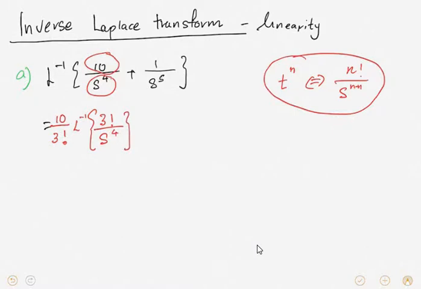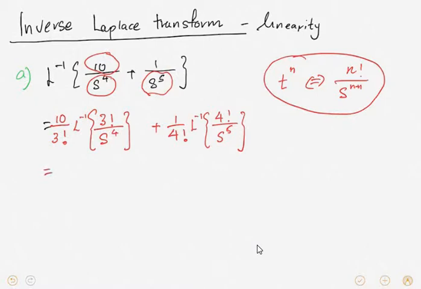Same for the next one: if we have s power of 5, it is 4 factorial over s power of 5, and 4 factorial is not in our original question, so we need to divide by 4 factorial.